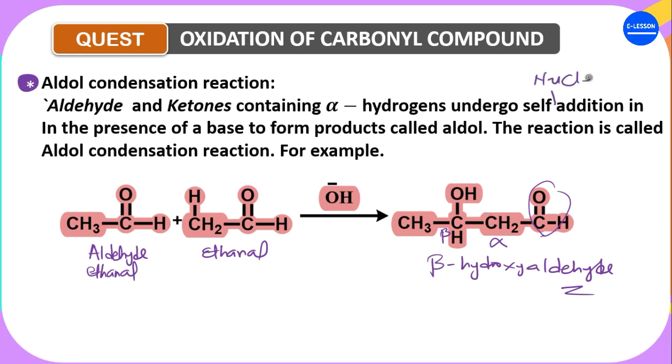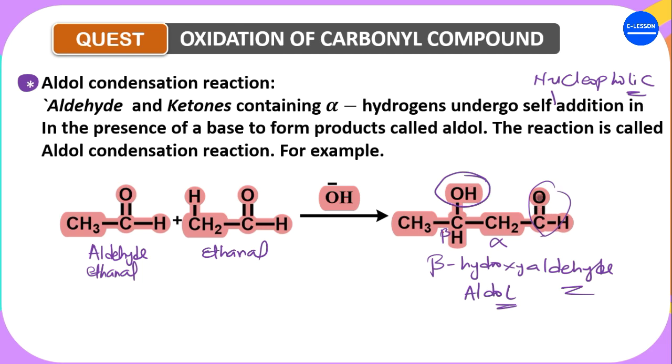It is called a nucleophilic addition reaction, not just electrophilic or any kind of addition reaction. It undergoes self-addition reaction in the presence of a base to form a product that is called an aldol. Now you know why it is called the aldol, because I told you that it contains the aldehyde and the alcohol functional group. You can see this as alcohol, then this is the aldehyde functional group.